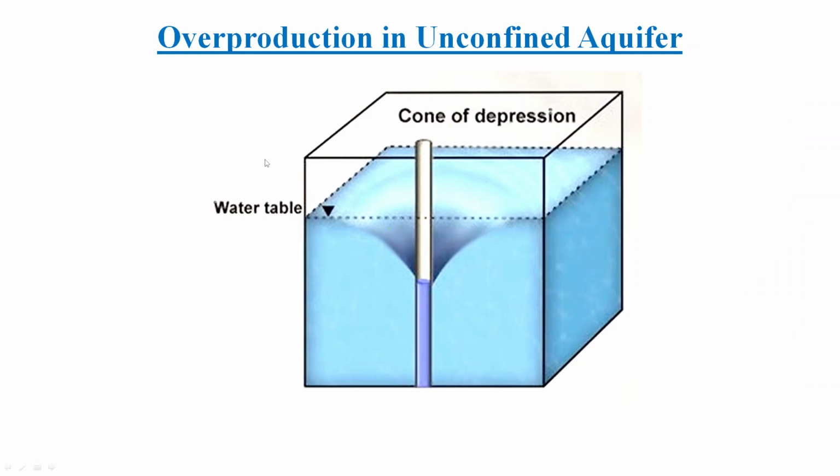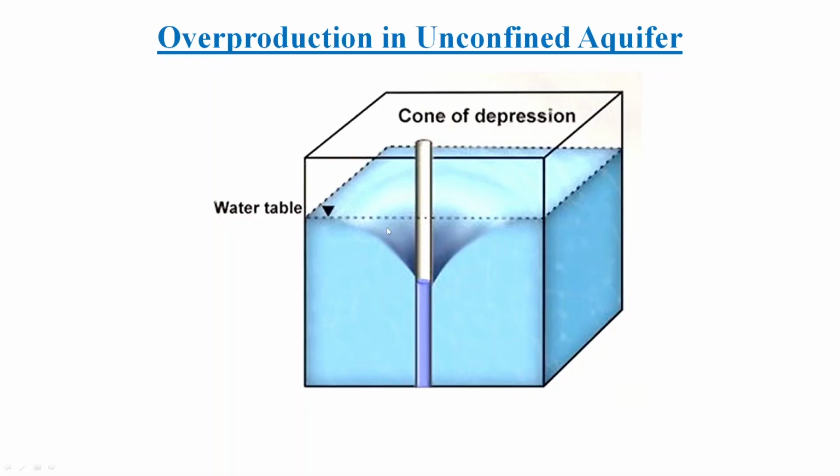So, now if I again look at the overproduction in an unconfined aquifer like this, if I am digging a well and I am drawing some water out of it, it will form a cone of depression like this. And if I stop this well for some time, what will happen? Again the water will take its own place.